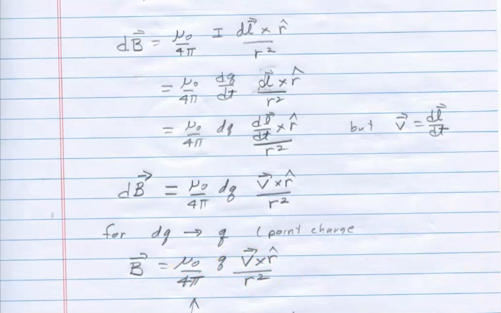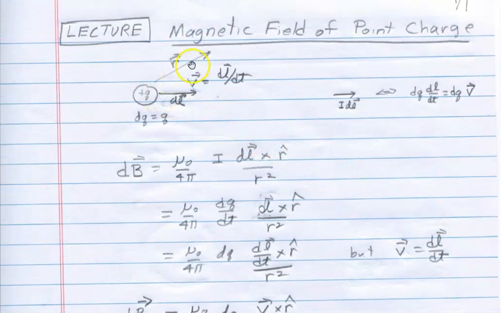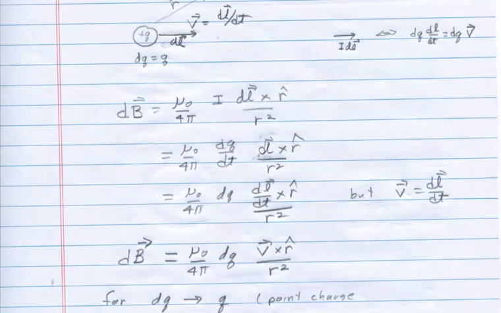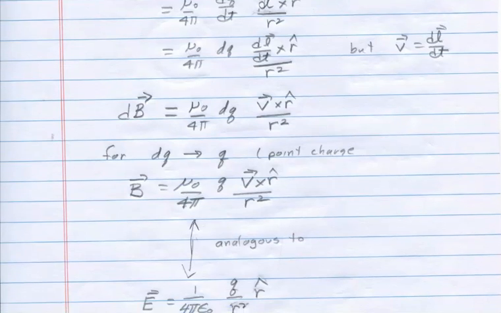Also, because of the nature of the cross product, if I go out here so that the charge is coming right out at me, and r vector is over here someplace, then the velocity vector and r hat are parallel, and so again the cross product of parallel vectors is zero, so I get no magnetic field there as well. You get the most field when it's instantaneously perpendicular to it. But in any event, sometimes it's useful to have that expression.